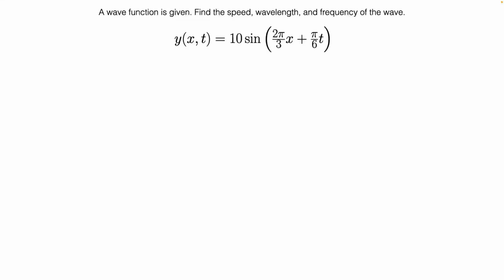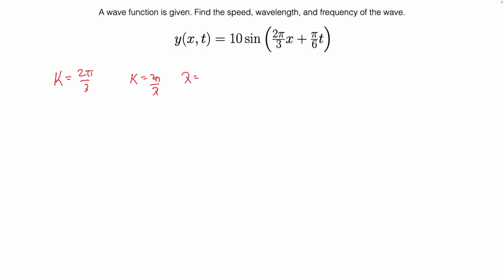How do we find the wavelength? Kind of go back to, what is k? It's 2 pi over 3. How do you know it's 2 pi over 3? It's the thing in front of the x, right? Okay. And so we know that's our wave number. And we know that our wave number is 2 pi divided by the wavelength.